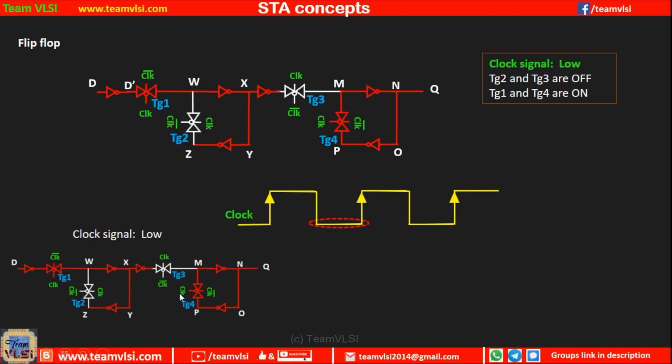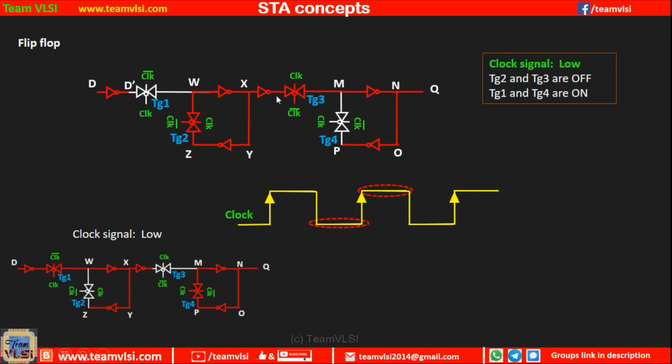Now what will happen when the clock goes high? The transmission gates previously active are going to turn off, and those which were off are going to turn on.